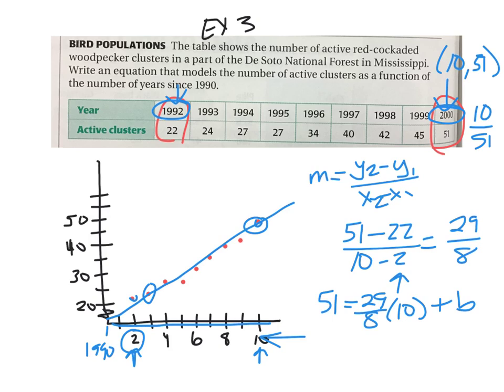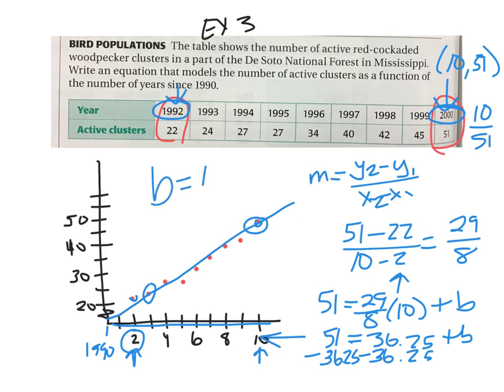So what's 29 over 8 times 10? Yep, so then I have 51 equals 36.25 plus b. So then I subtract that 36.25 over to the other side. So then 51 minus, say it again?